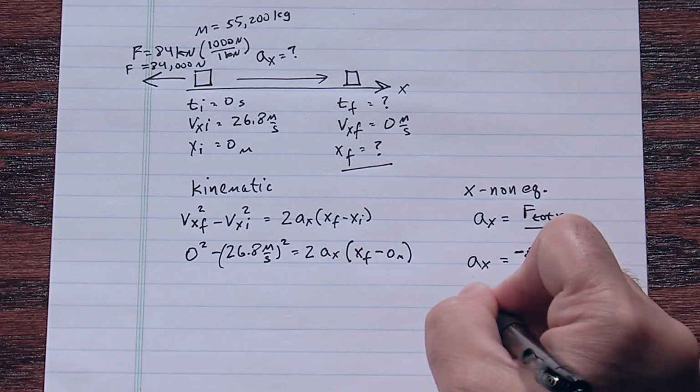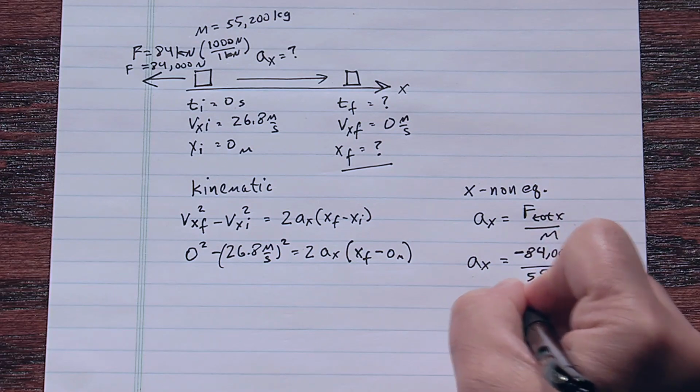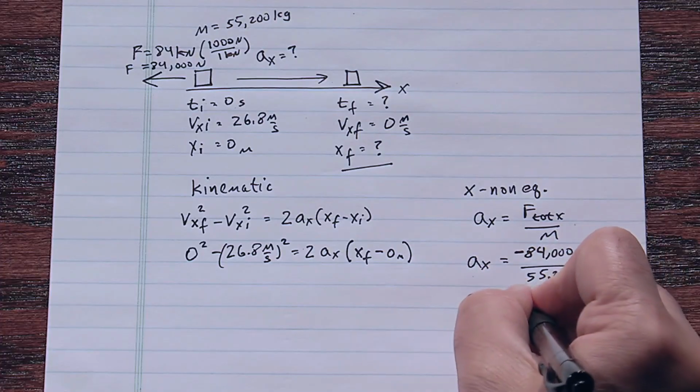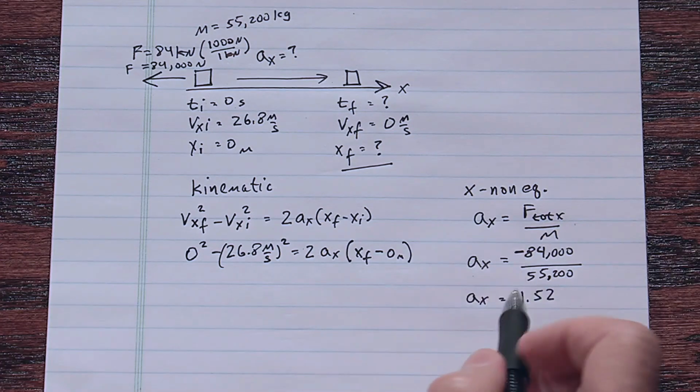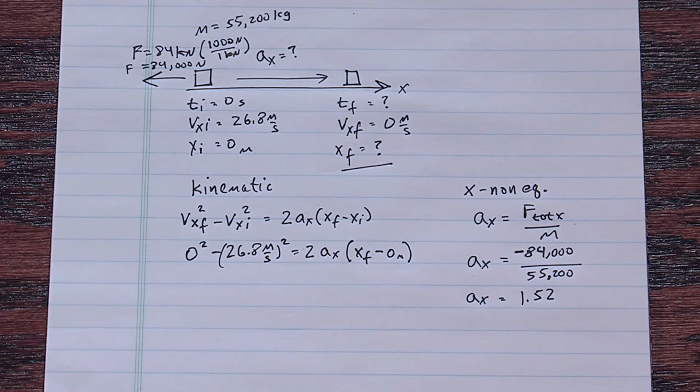And so we have a_x is equal to negative 84,000 divided by 55,200, which is 1.52, and we know what our units must be. If this is acceleration, then that would be 1.52 meters per second squared.